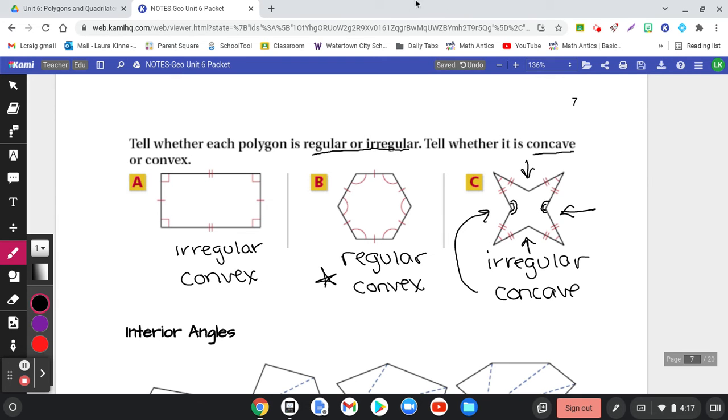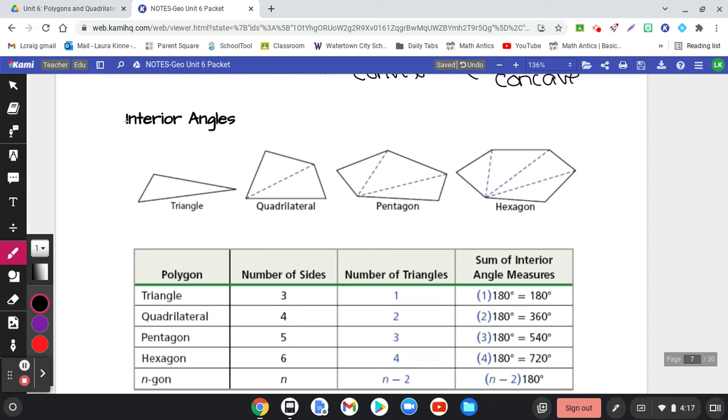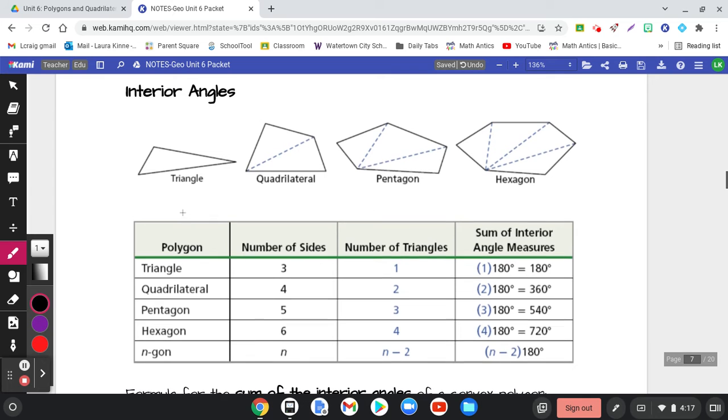All right, one of the most important parts of this particular lesson is talking about your interior angles. And they all relate to a triangle. So we know there's 180 degrees in a triangle, right? Well, as you add a side, you're basically adding another 180 degrees.